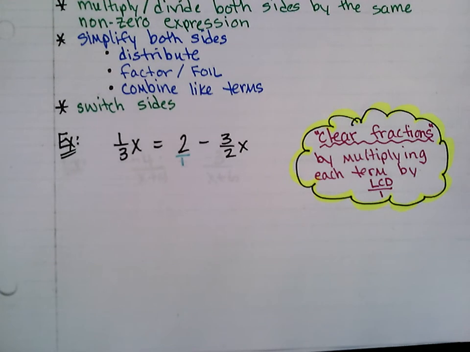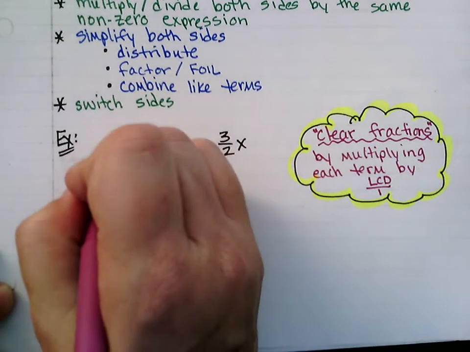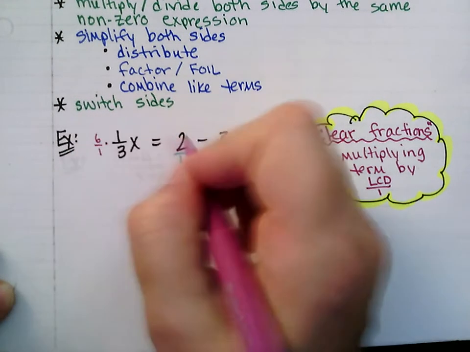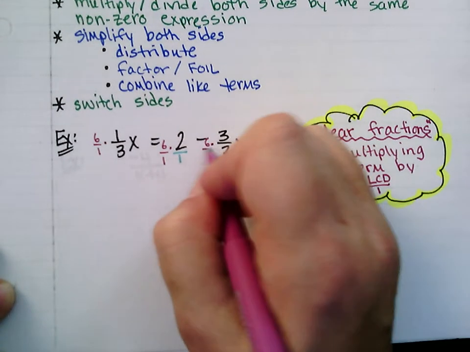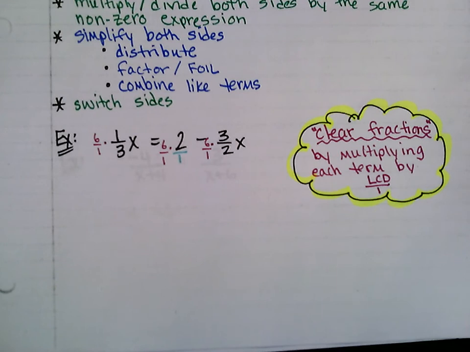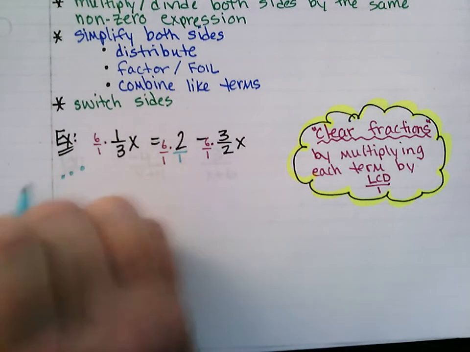So the LCD is going to be 6. So what I want to do is multiply each term by 6 over 1. So I'm going to do times 6 over 1 on each term. And then I'm thinking to myself as I do this, how do I do 6 over 1 times 1 over 3? So here's my little remembering bubble.